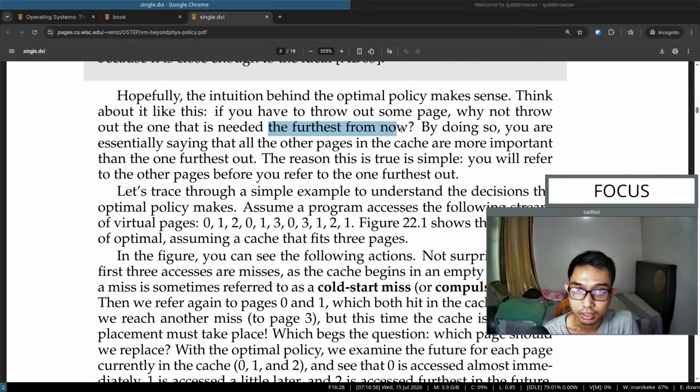By doing so, you are essentially saying that all the other pages in the cache are more important than the one furthest out. The reason this is true is simple. You will refer to the other pages before you refer to the one furthest out.